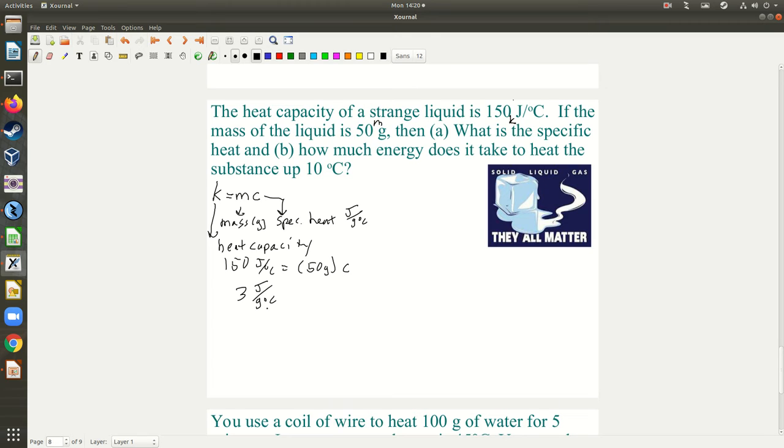So, an exceptionally small specific heat, but it's a strange liquid. Strange things happen.